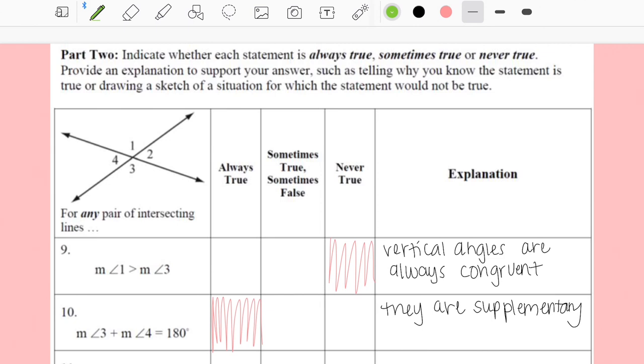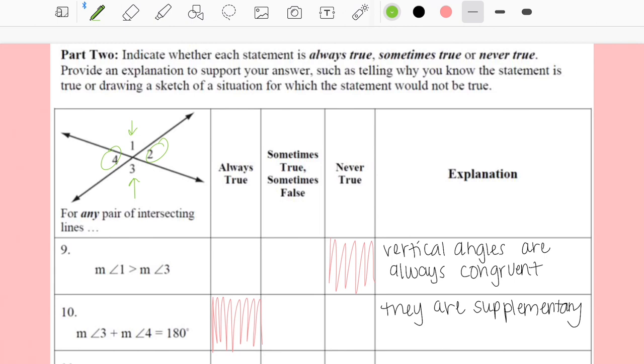Lastly, now we have the measure of angle 4 and the measure of angle 2 is less than 180. Well, if we look at our picture, probably, but let's say I make this our bigger angle and that one.